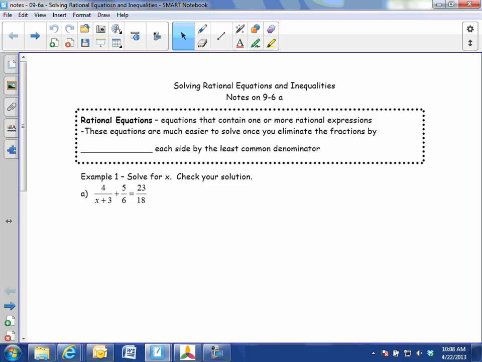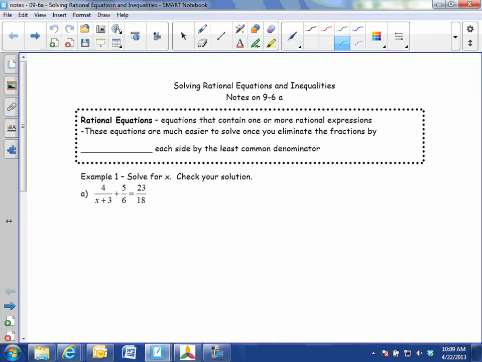All right, so we're talking about rational equations. Remember, rational just means that we have a fraction and we have a variable somewhere in that fraction. That makes it rational. So rational equations have an equal sign, and we're going to be solving for the variable rather than just simplifying. We're going to use the same ideas as when we were adding, subtracting, multiplying and dividing rational expressions, but now we're throwing in an equal sign and solving.